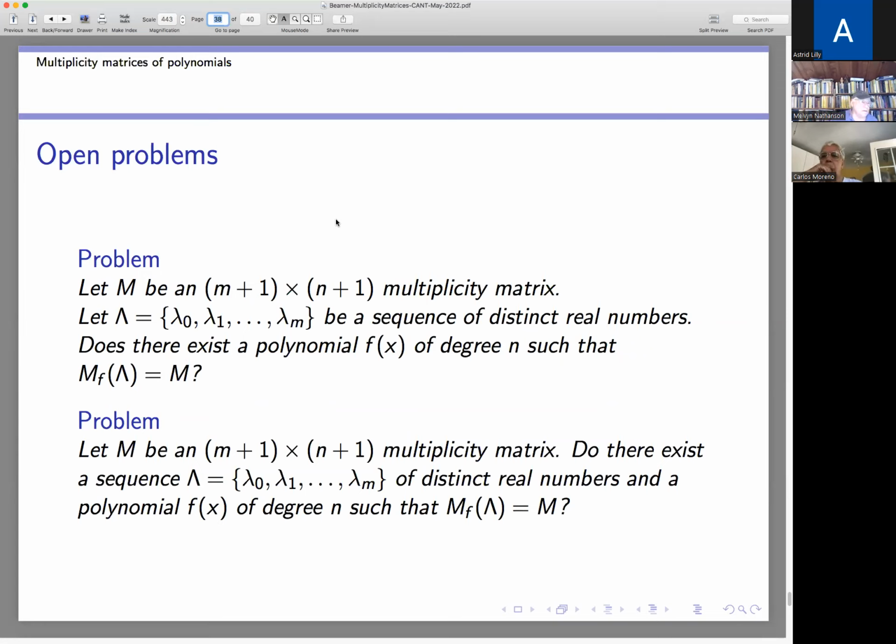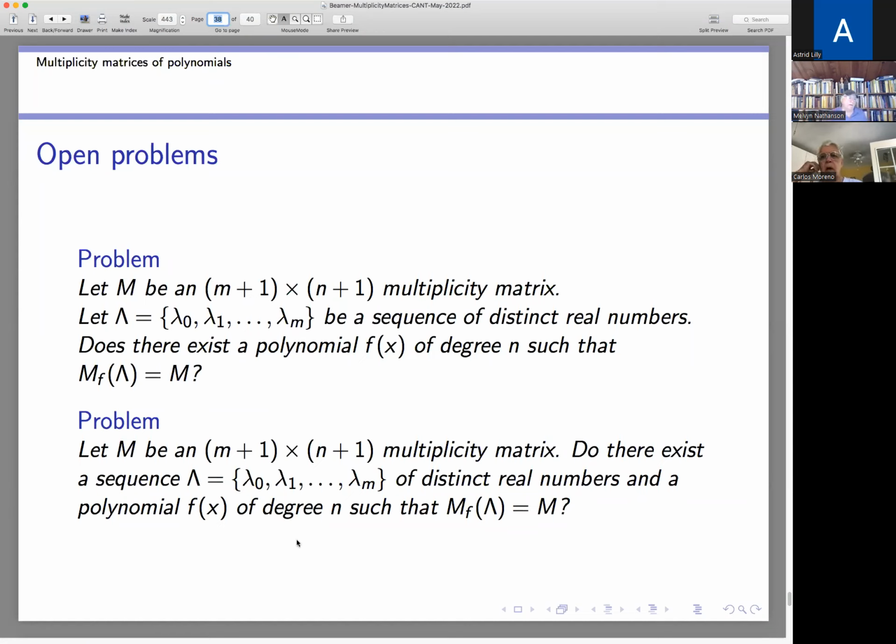So let me just restate the most interesting questions here. If you have an m+1 by n+1 multiplicity matrix, and you're given a fixed sequence of n+1 distinct real numbers, for what multiplicity matrices and sequences lambda can you construct a polynomial of degree n, for which this is the multiplicity matrix of the polynomial?